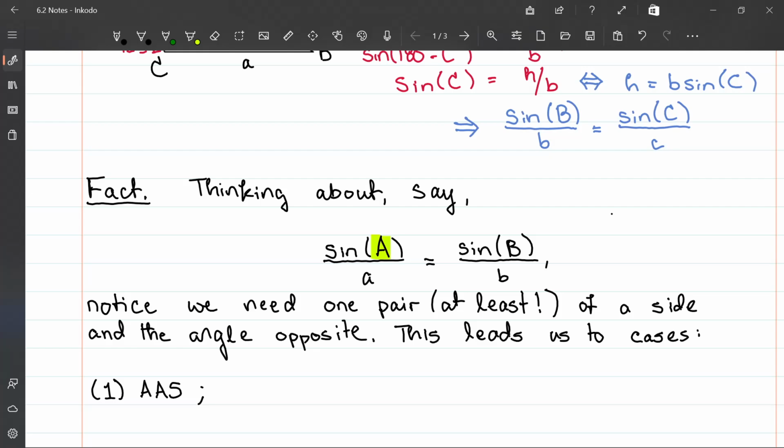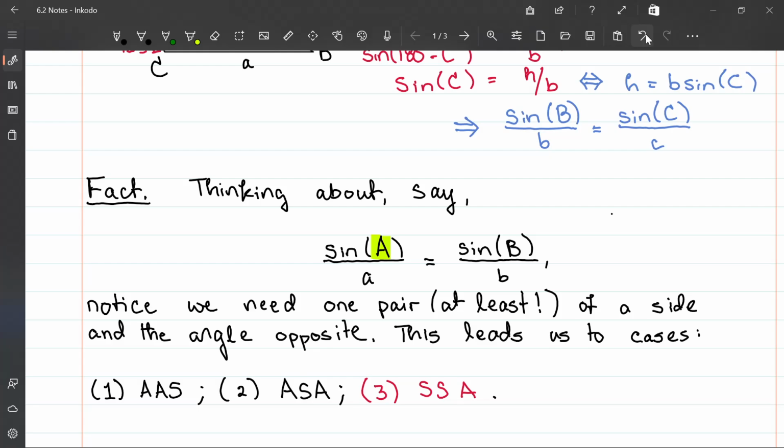If we have AAS information, then we can apply the law of sines. Number two, ASA data, angle, side, angle data. So in this case, we have two angles, and we also have the side that is adjacent to both angles, in other words, the side between them. If we have ASA data, then we will fulfill what we need to do in order to use the law of sines.